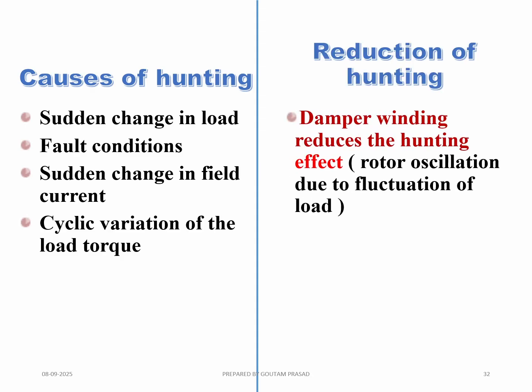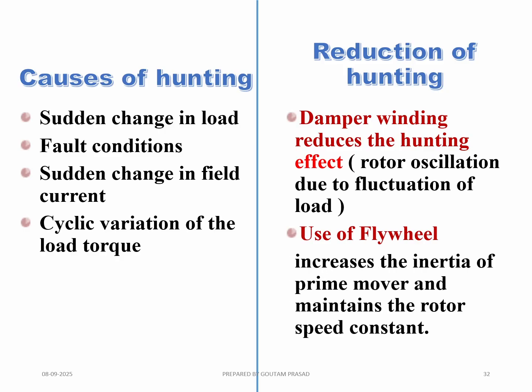Now, how to reduce the hunting? You need damper winding to reduce the hunting effect and rotor oscillations due to the fluctuation of the load. And you can also use a flywheel, a very heavy wheel, to take care of hunting. The flywheel increases the inertia of the prime mover and maintains the rotary speed constant.